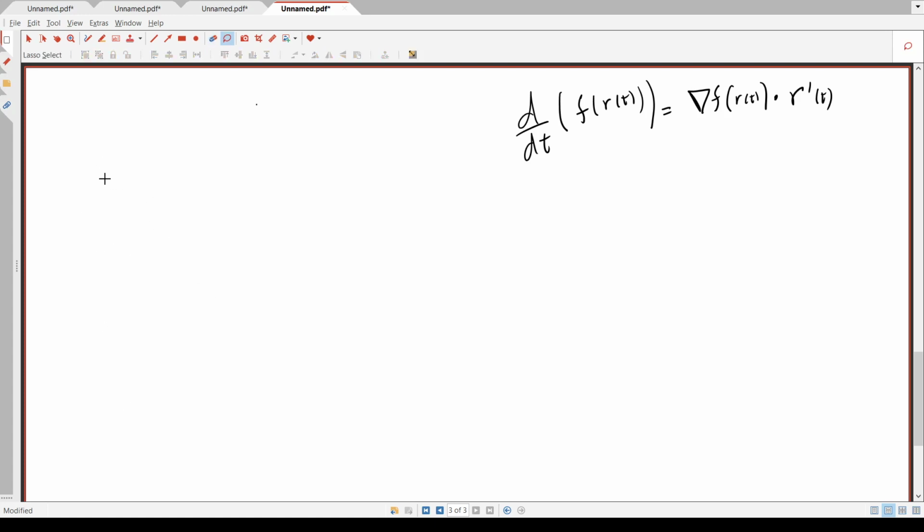If I integrate a derivative, so this is just a regular derivative, from a to b, what do I get? If I integrate a derivative, I just get the function back, right? It kind of just undoes the derivative. So this is just going to be f of b minus f of a.